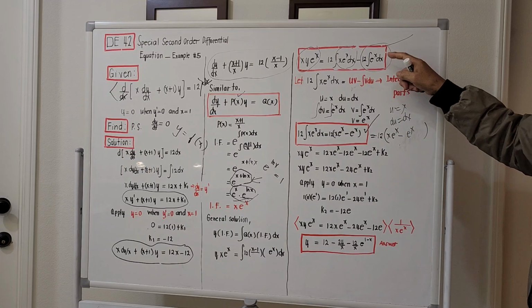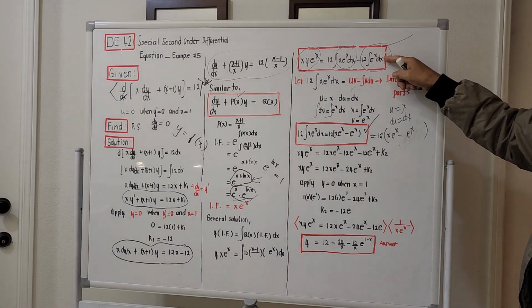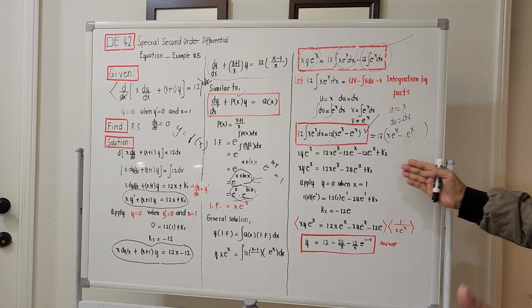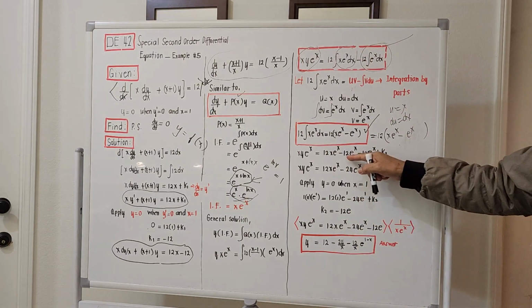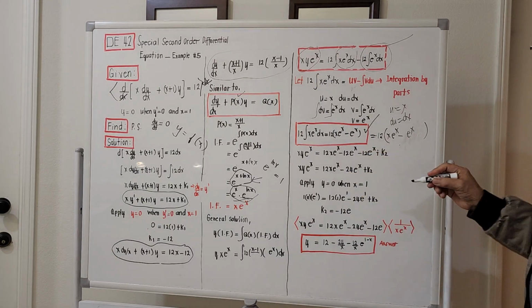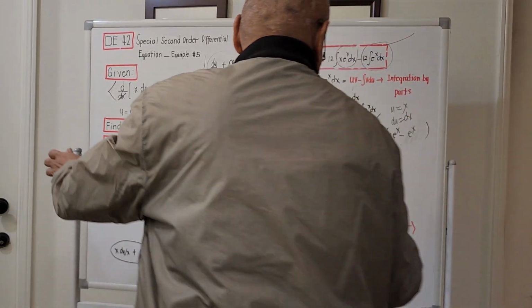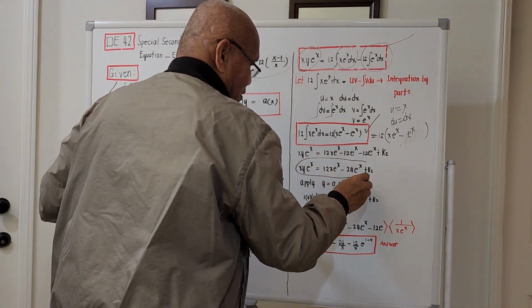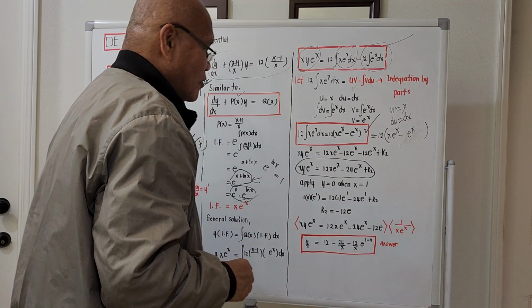This is the one I'm telling you is readily integrable, except for this one, plus k2. So combining like terms, this is 12 and 12, so this is 24 e to the x. Okay? So this is now the resulting partial general solution. Why partial?